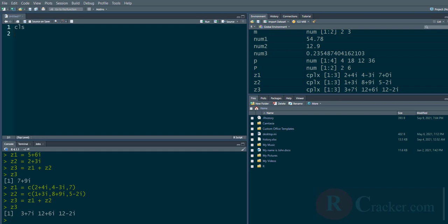In the first one, real part is added, 2 plus 1 is 3, 4i plus 3i is 7i. Then 4 plus 8 is 12, and negative 3i plus 9i is 6i. In the last case, the real part 7 plus 5 is 12. Of course, the imaginary part is not there, so it's going to be negative 2i added with 0. This is how the language of R treats complex numbers, which is in a way powerful.